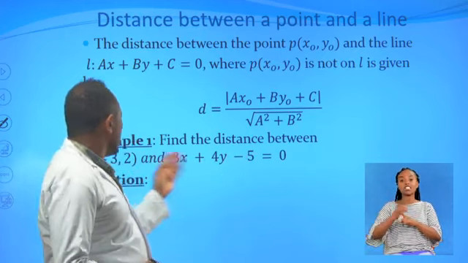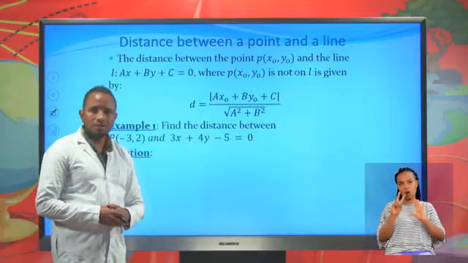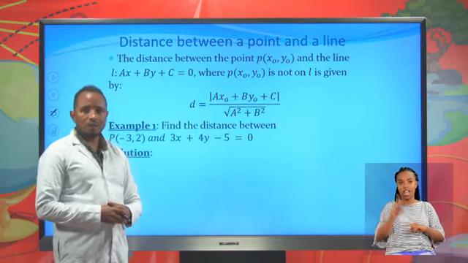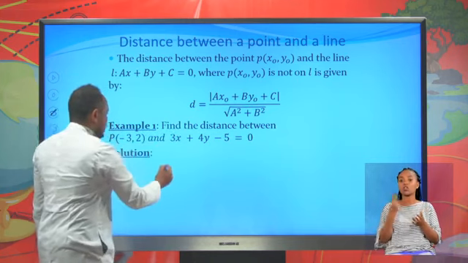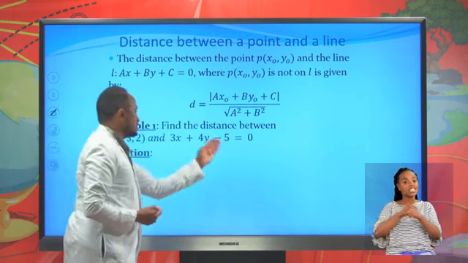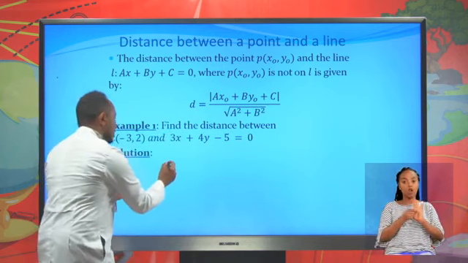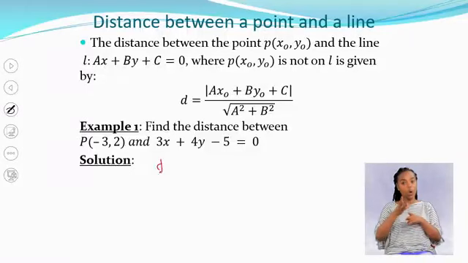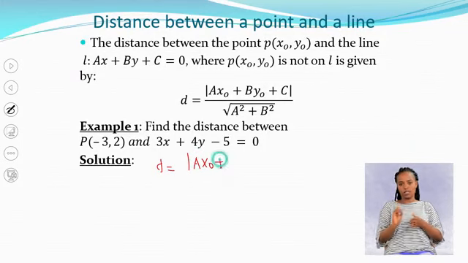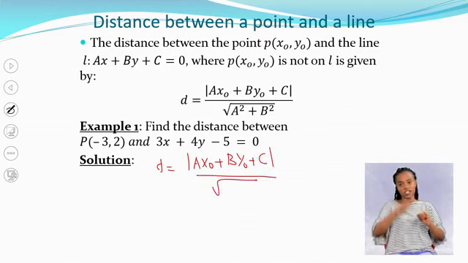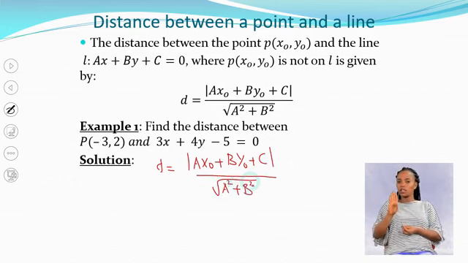Find the distance between (-3, 2) and the line 3x + 4y - 5 = 0. Using the formula, you can find the distance between this line and this point. The distance is given by the absolute value of ax0 + by0 + c divided by the square root of a squared plus b squared.